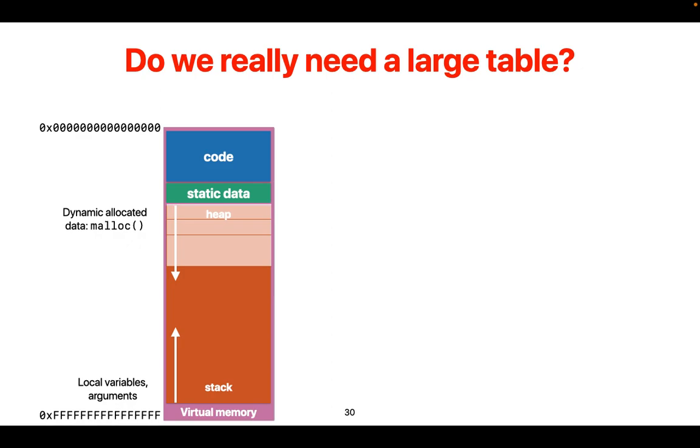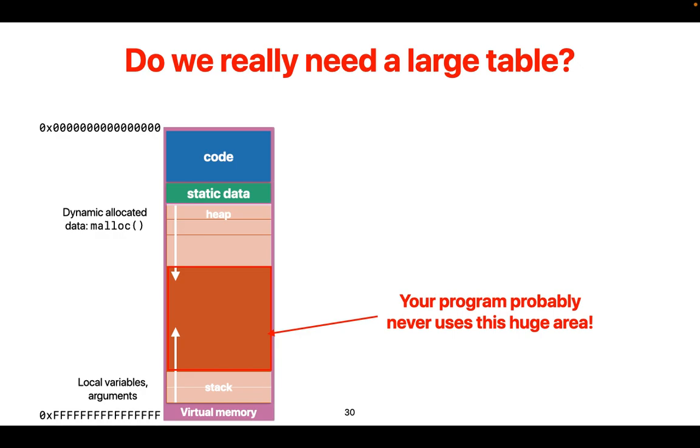And if you are allocating local variables, it goes to the very end. So what does that mean? There is a joint middle section you never use.